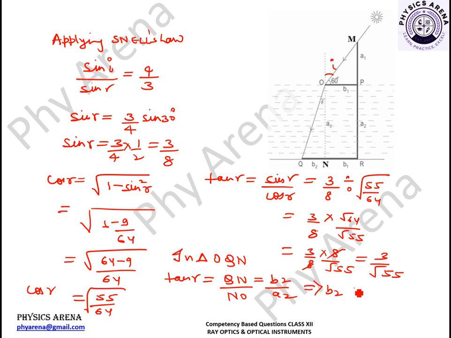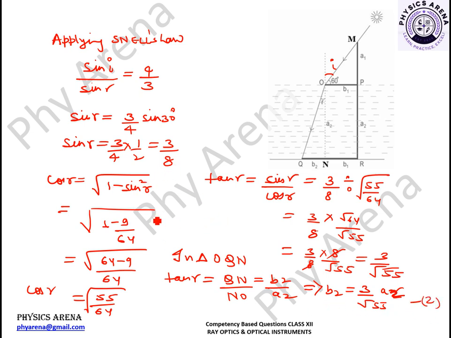This implies B2 is equal to 3 upon under root 55 times A2. So from this I can find out B2 is equal to tan r times A2. So tan r we have already obtained, 3 upon under root 55. I have just multiplied it with A2. This is the value of B2. This is equation number 2.